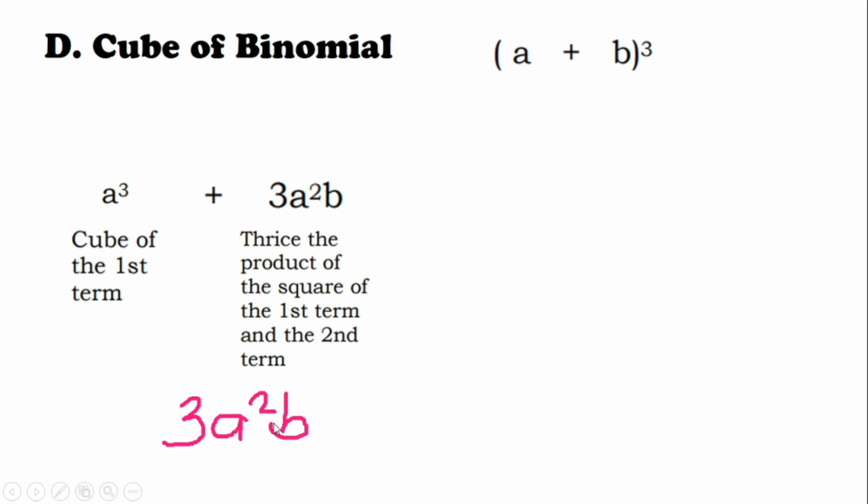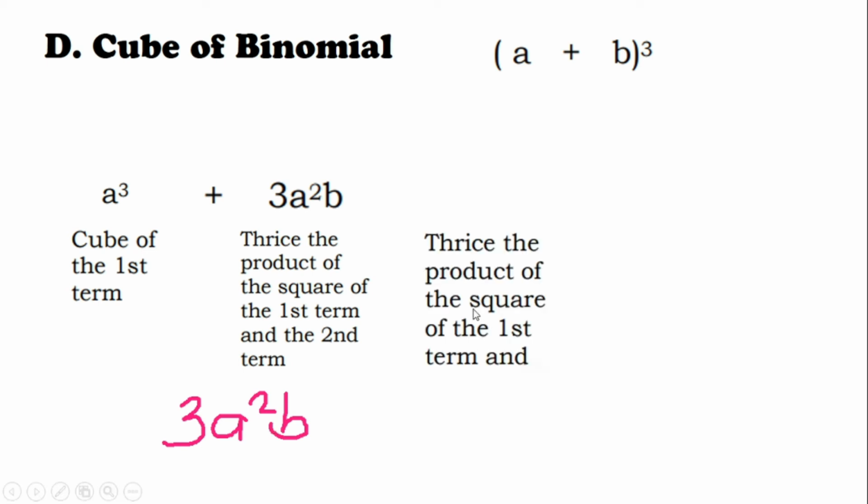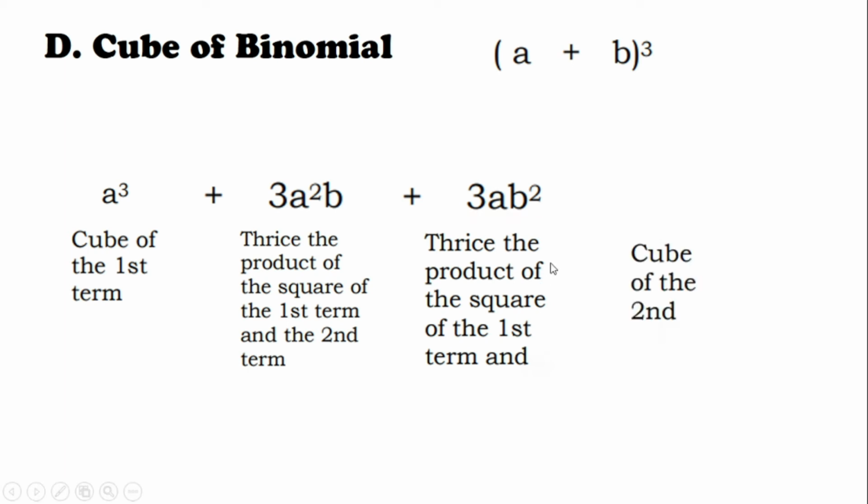Ang next naman natin ay itatrace daw natin yung product of the first term and the square of the second term. So, thrice the product. So, we have 3 times yung first term natin, tas square naman natin si second term. Okay? And then, the last is to cube the second term. B cube. Ulit.